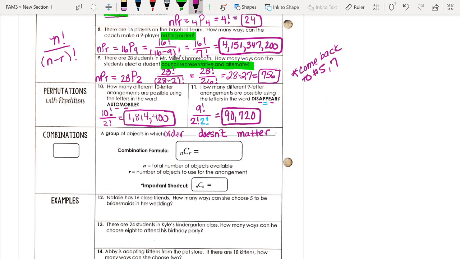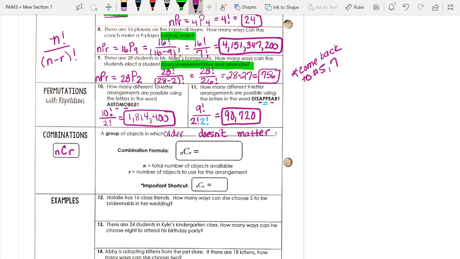That is the big difference between a permutation, where the order matters, and a combination, where the order doesn't matter. Our combination, off to the left, is going to be nCr. See how it has a C for combination? But n and r still represent the same thing. n is the total number of objects, and r is the number of objects we want to arrange.